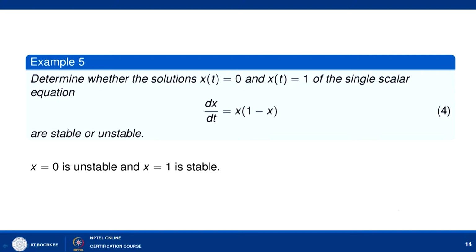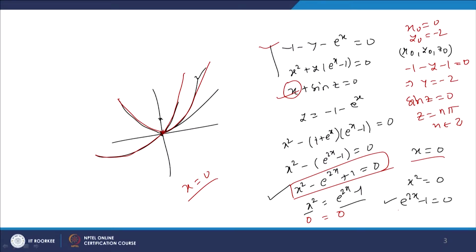So here we have x dash equal to x into 1 minus x, and we already know that equilibrium solutions are given by the solution of x into 1 minus x equal to 0. So x equal to 0 will satisfy this and x equal to 1 will also satisfy this. We want to check the stability of these two equilibrium solutions.